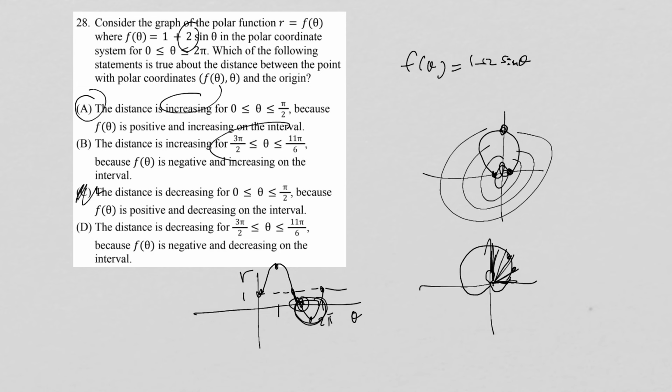But this other interval's kind of weird, between 270 and 11 pi over 6, which is like 330. Oh, I see. I think from 270 to 330, which is somewhere over here. See what's happening if I zoom in on it? It seems to me like the lines are getting shorter.